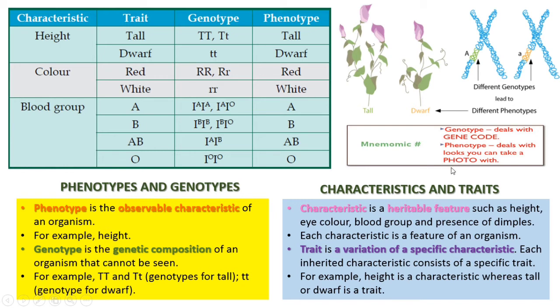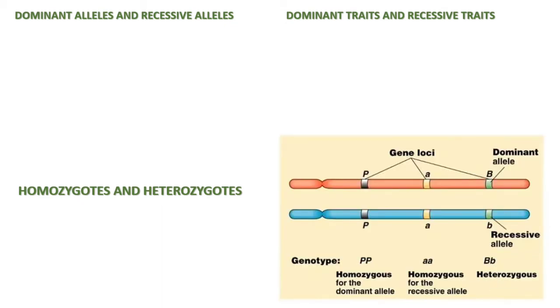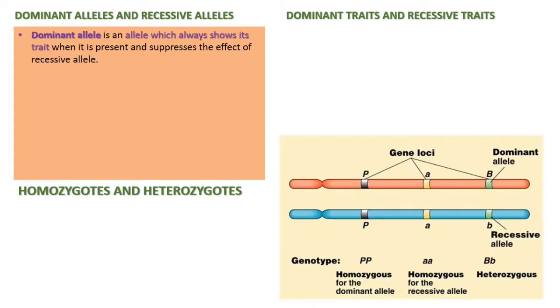Okay, so these are other terms: dominant allele and recessive allele, dominant trait and recessive trait, homozygote and heterozygote. This is the picture related to the terms. Dominant allele is an allele which always shows its trait when it is present and suppresses the effect of recessive allele.